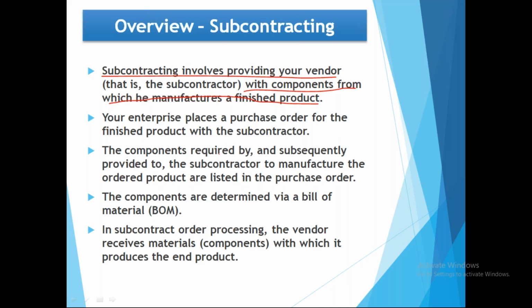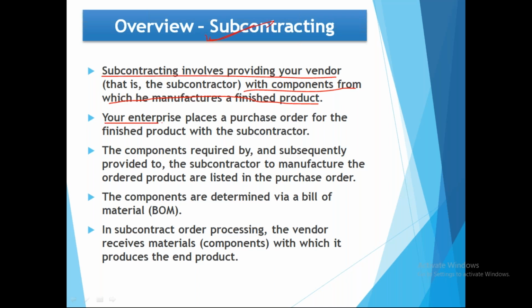Vendor will manufacture the product and give the manufactured product back to you. In normal purchasing cycle, what will happen? You will directly order the material, but here you will give the materials required to the vendor and he will manufacture the product and give it to you.